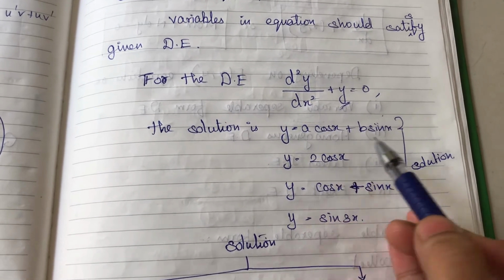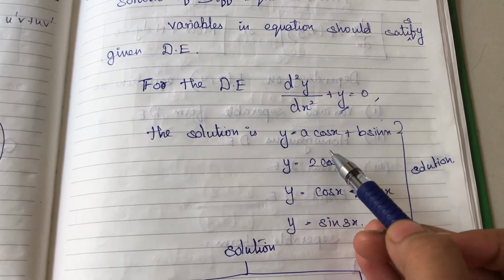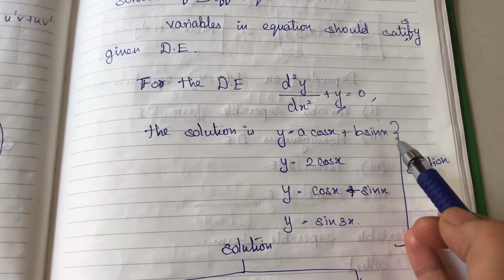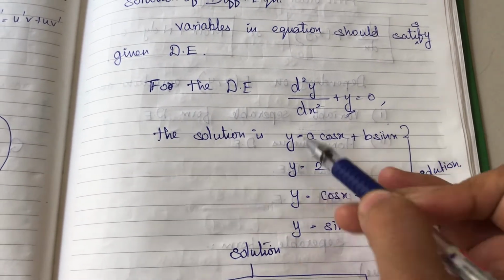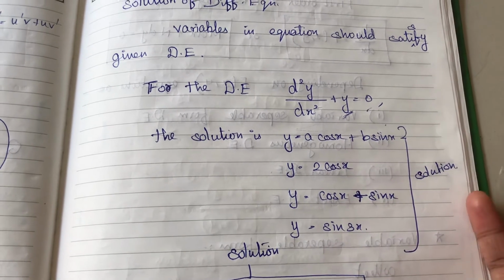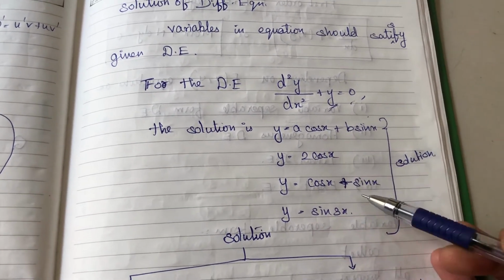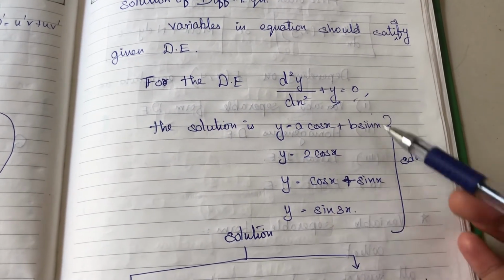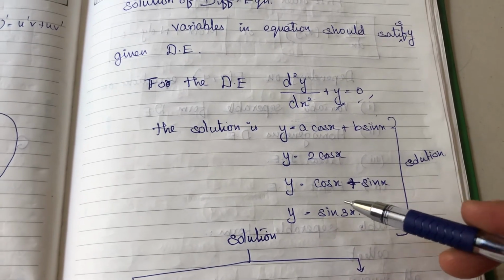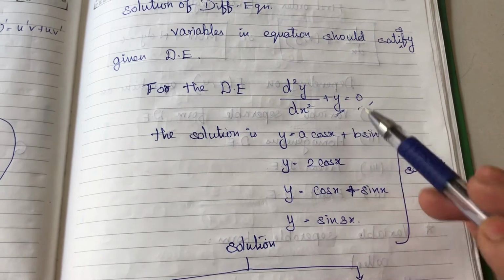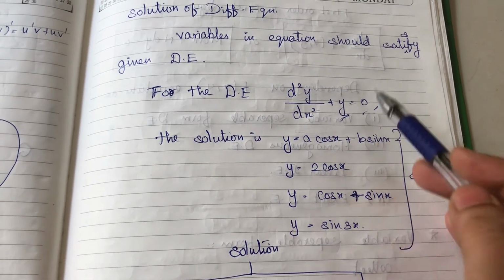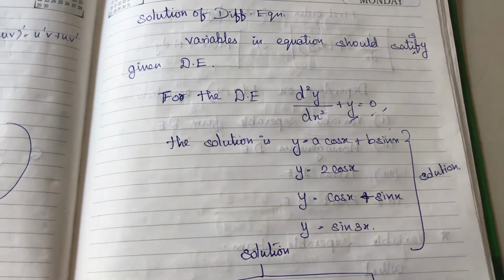For example, I am giving y equal to a cos x plus b sin x, so the second derivative of this plus y will be equal to 0. The same applies here. So these functions are solutions for this differential equation because these functions satisfy this equation.